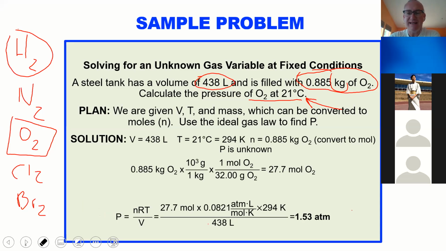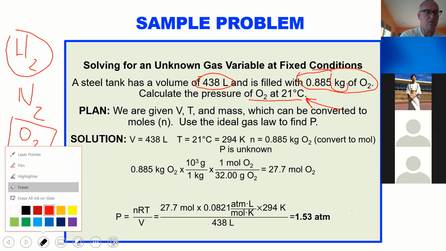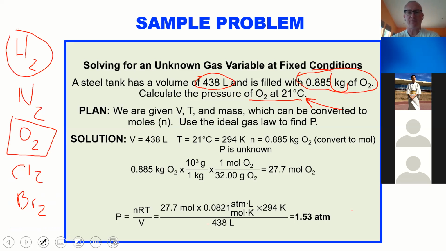So you had 18.603? Oh, that's not right. Maybe you just didn't have the right units for R. Yeah, I didn't put R. Got to have R in there.